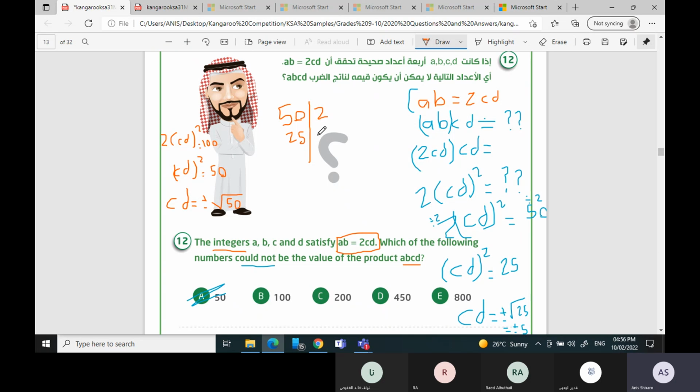Okay, so it can be divided by 5. Always search for the prime numbers, start from the smallest one. So 25 divided by 5 is 5, and of course 5 can be divided by 5 to get 1. So I have 2 in common.